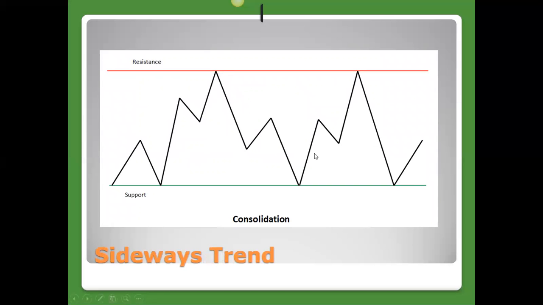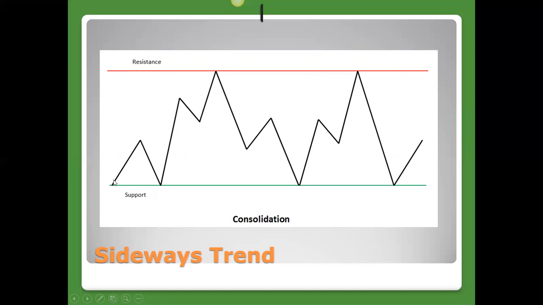And again, the third type of market condition that we may see would be consolidation or a sideways trend. This is also called the range-bound market. In this kind of market, price establishes a resistance area that it's not able to break, and also a support level that it generally is not able to break.